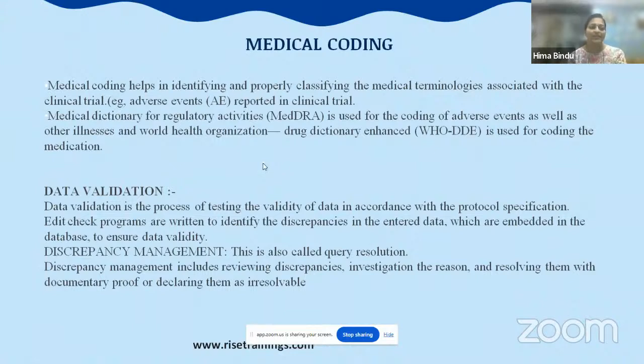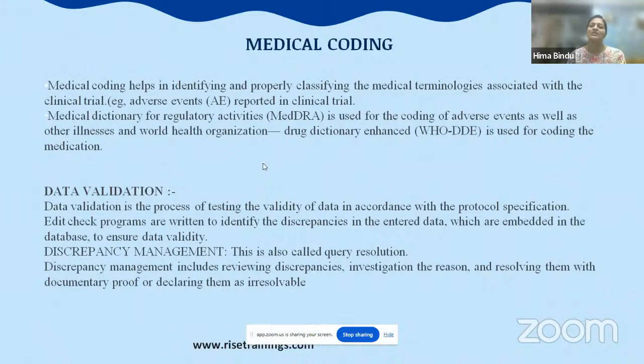Next, data validation. Here, data validation is nothing but validating the data. Whichever data they have entered into the CRF, we check whether the data which we want as per the protocol is present or not, and whether all the edit checks are present in the database or not. Edit checks are nothing but, for example, we'll have some data like the weight of the patient.